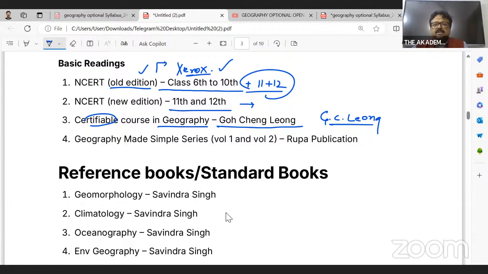Then Geography Made Simple, Rupa publication, both volume 1 and 2 for economic geography as well as physical geography. This is also a reference book for physical geography. This will help you to understand.